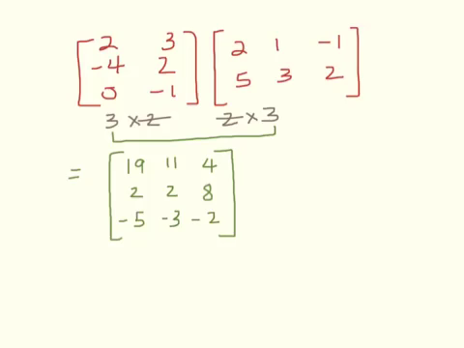And that is how you multiply matrices of varying dimensions. Now, the most important thing, these inside numbers, these inside dimensions have to be equal, or you cannot multiply the matrices. So, happy multiplying.